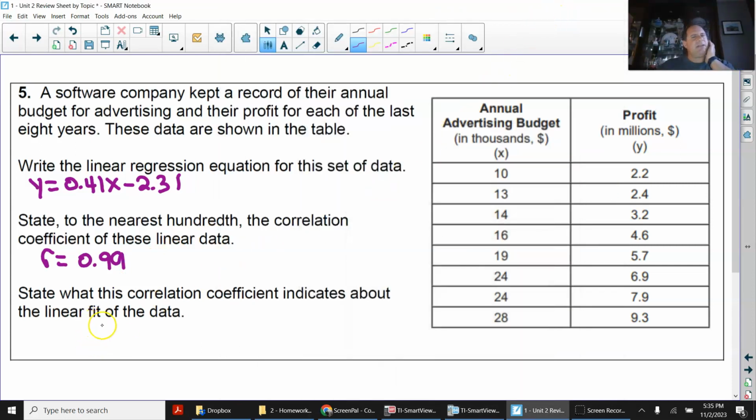And then it says state what the correlation coefficient indicates about the linear fit of the data.